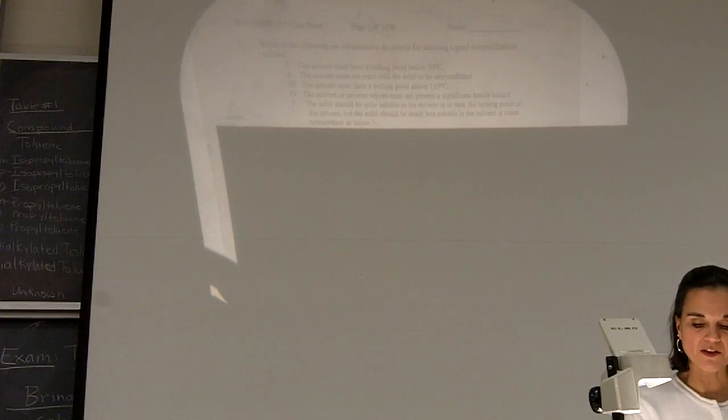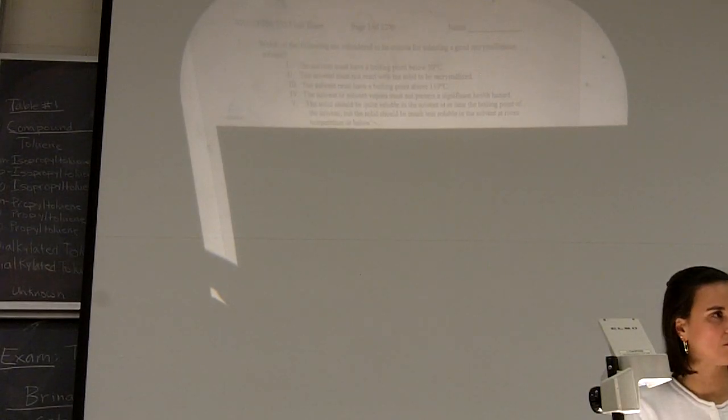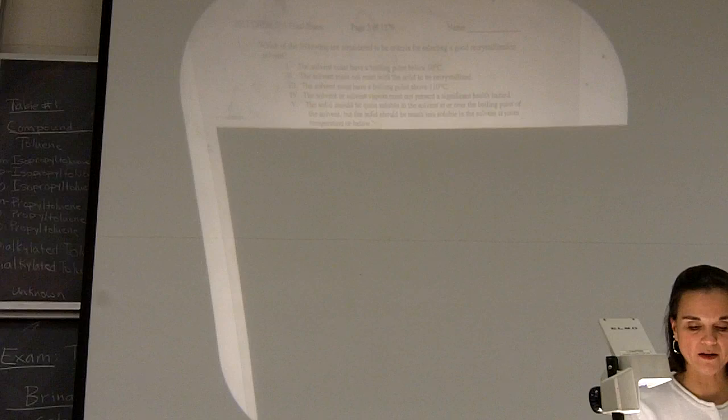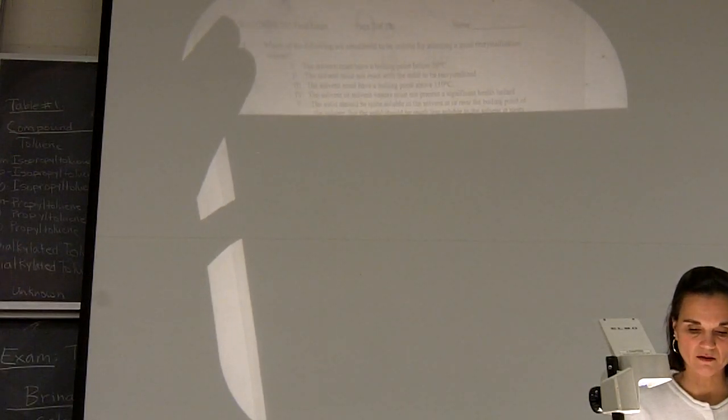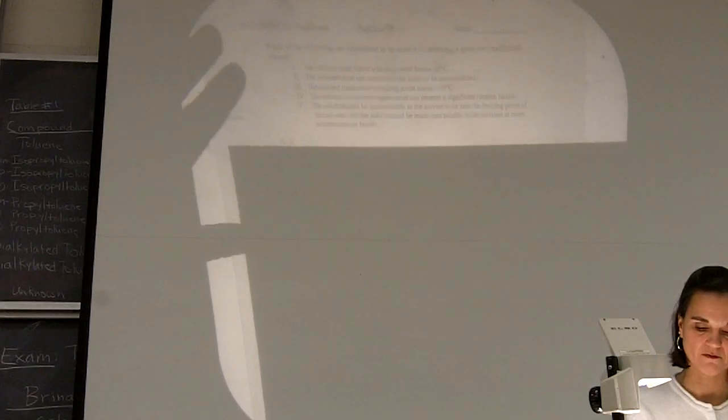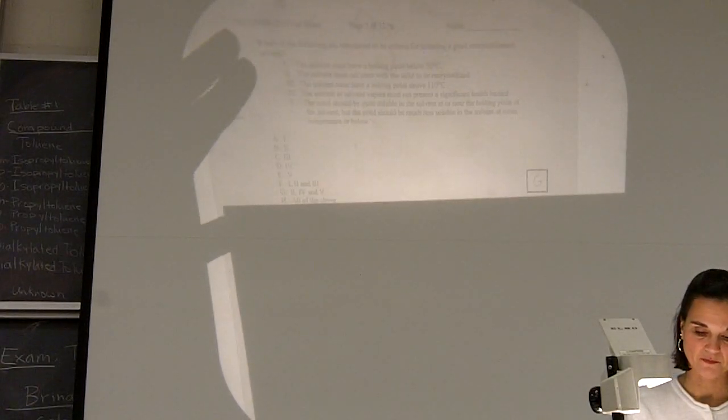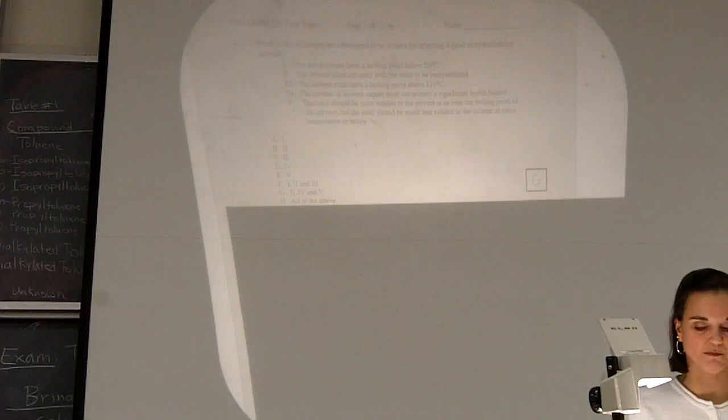Yes. The solvent should be quite soluble in the solvent at or near the boiling point of the solvent, but should be much less soluble in the solvent at room temperature or below. Yes. So 1, 3, and 5, right? Sorry, 2, 4, and 5. See, good thing you guys are paying attention. Okay, so the answer is G.